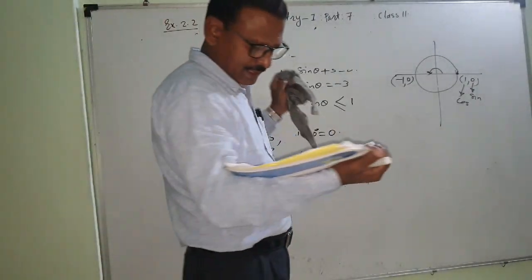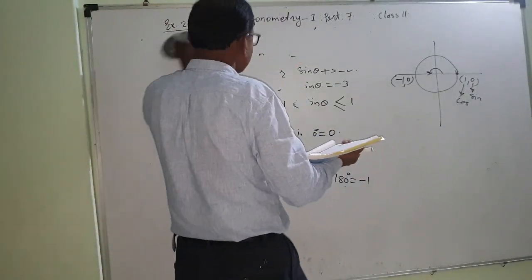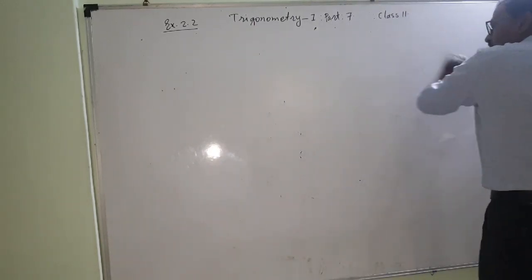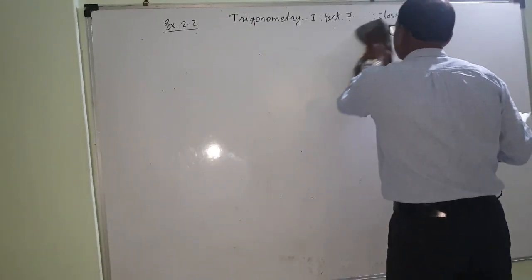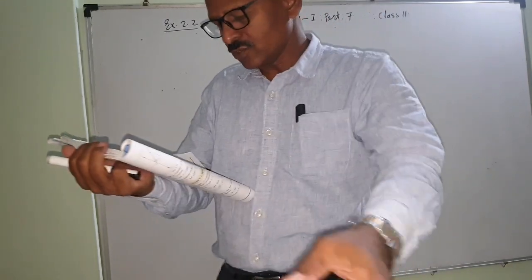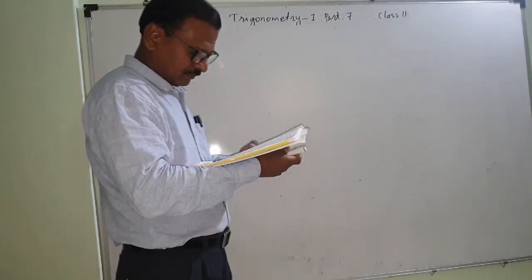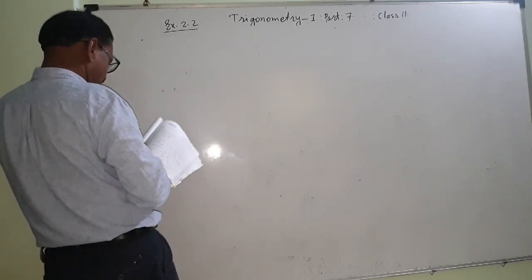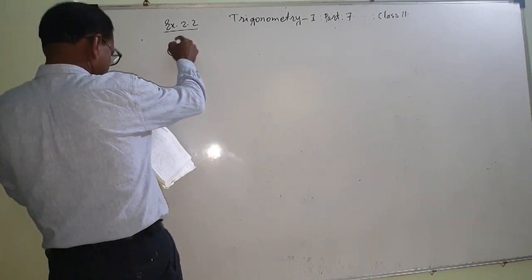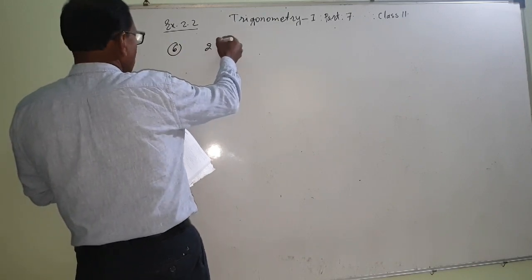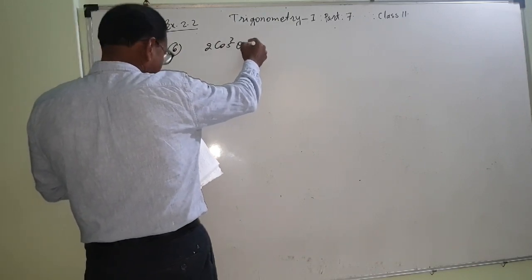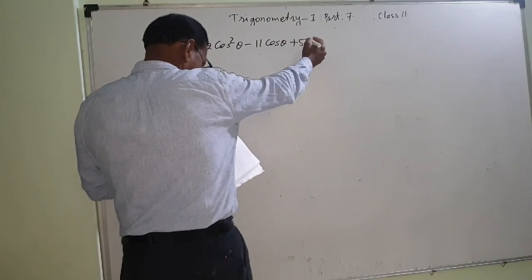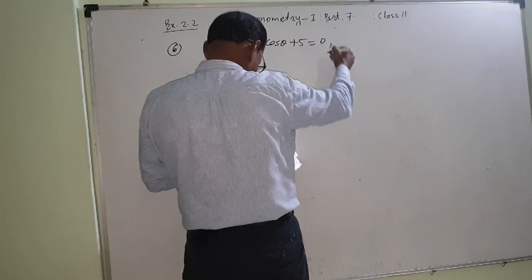Now I will take the sixth one. Sixth question also I will solve. 2 cos square theta minus 11 cos theta plus 5 is equal to 0.